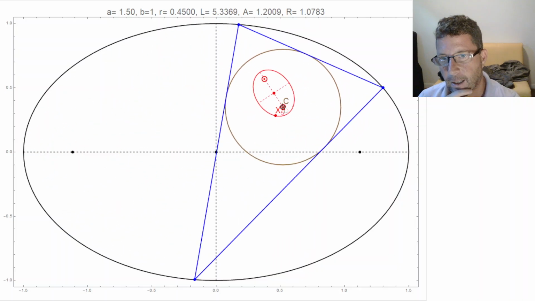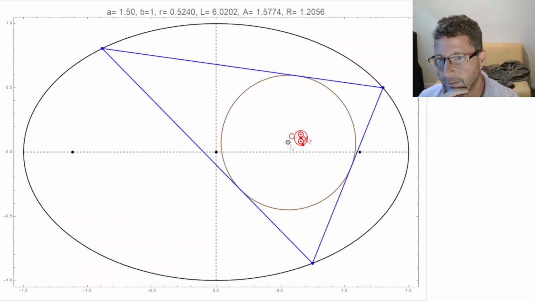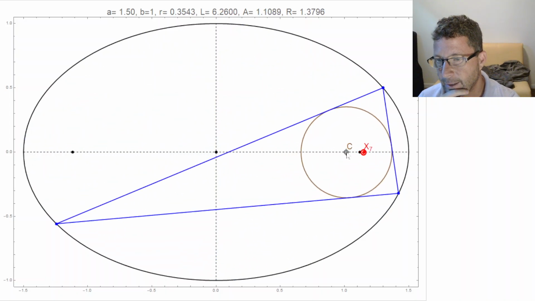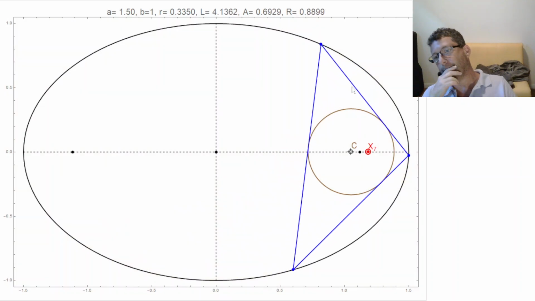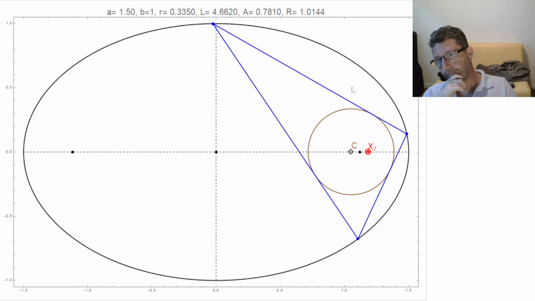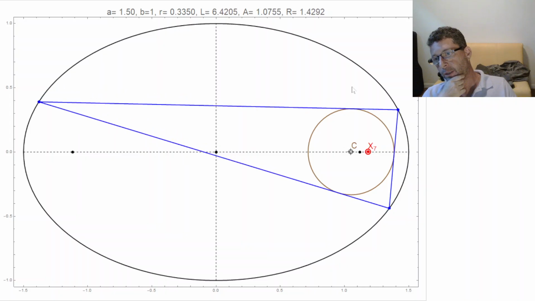Okay. How about x7? x7 can get annihilated, both axes, for another point on the major axis of the outer ellipse. So here we have an interesting family where all these triangles have a stationary Gergonne point.